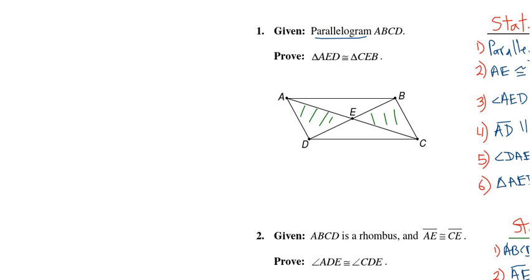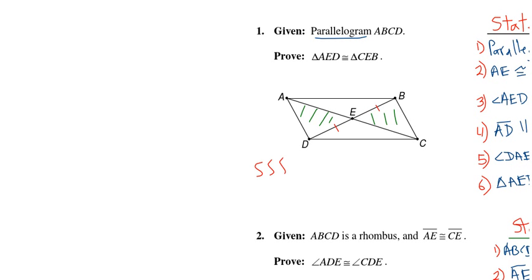And actually there are many ways to prove that these two triangles are congruent. You can use any criteria that we have learned. For example, the simpler one would be using side, side, side, because we could say, for example, DE is congruent to EB because the diagonals in a parallelogram bisect each other.